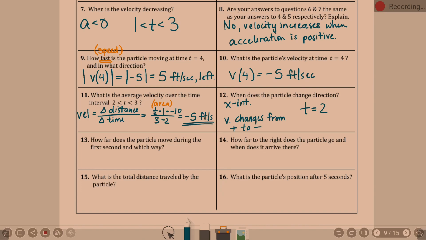Okay. How far does the particle move during the first second and which way? 5 feet to the right. Okay. So that first second is when you have that horizontal slope, yes? In 1 second, you're moving 5 feet per second, and so that is 5 feet. I'm assuming you multiply there again in your brain?